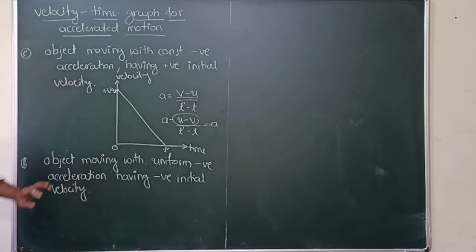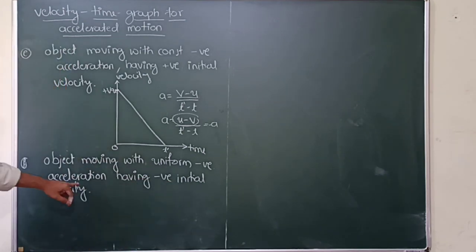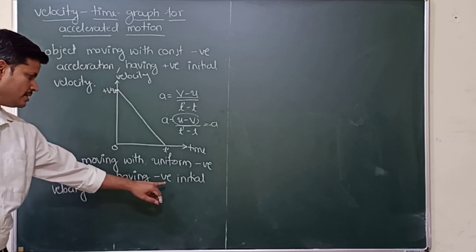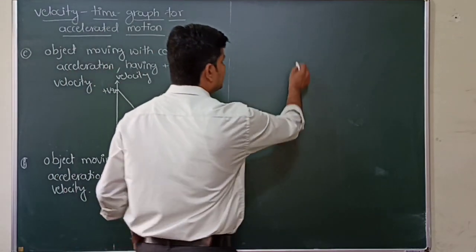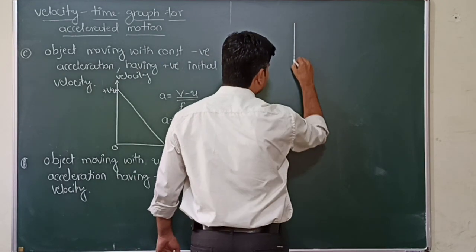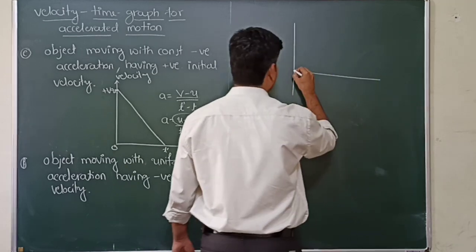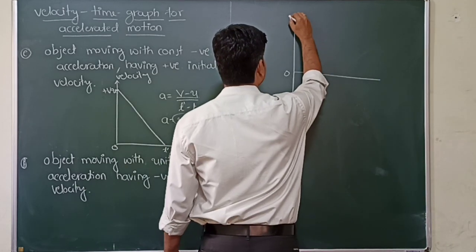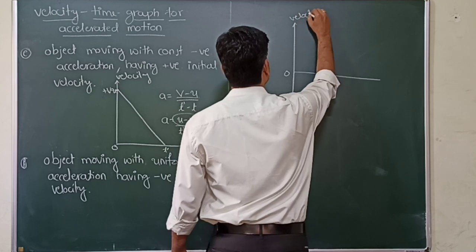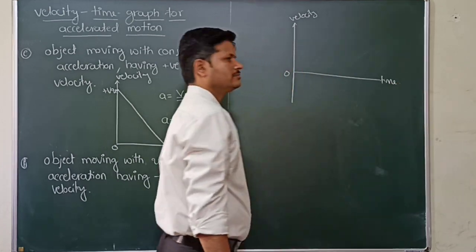This is the graph. Now look at the object moving with a uniform negative acceleration having negative initial velocity. Negative initial velocity means the curve should be in the next quadrant. This is 0, this is velocity and this is time.